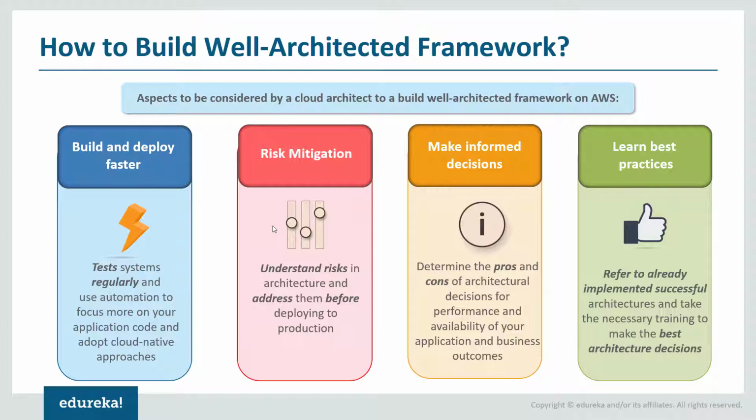Typically what happens in a cloud environment is we try to automate as much as possible. But whenever we are trying to automate either the deployment process, the build process, or the development process, we tend to leave loose ends, and those loose ends will cause performance issues. The other parameter is risk mitigation.